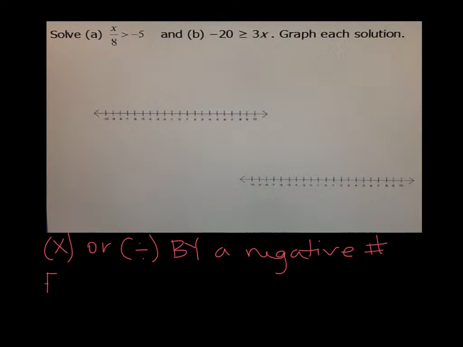And we said flip your inequality. Okay? So if the number that you're moving across the inequality symbol is negative, then you have to remember to flip your inequality symbol for your answer.